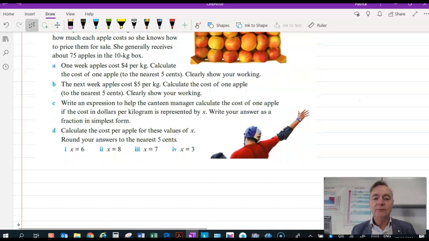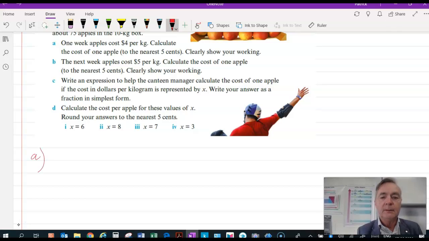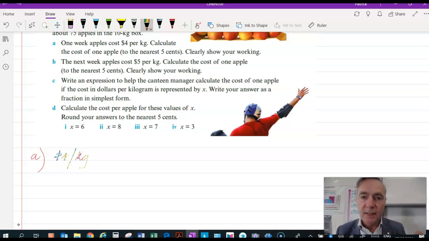So let's go. In the first week, the apples cost $4 per kilo. We've got to calculate the cost of one apple to the nearest 5 cents and clearly show our working. So what we've got is $4 per kilo, and we multiply that by 10 because there are 10 kilos in a box.